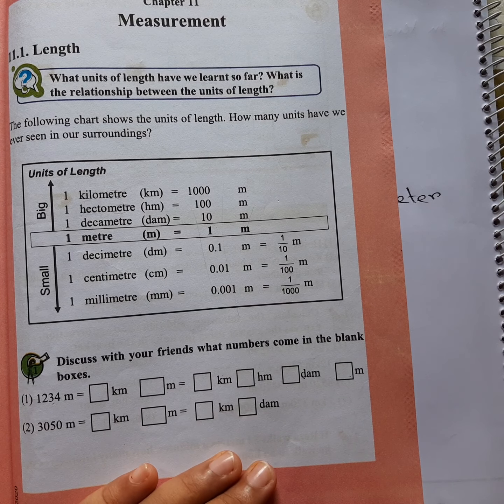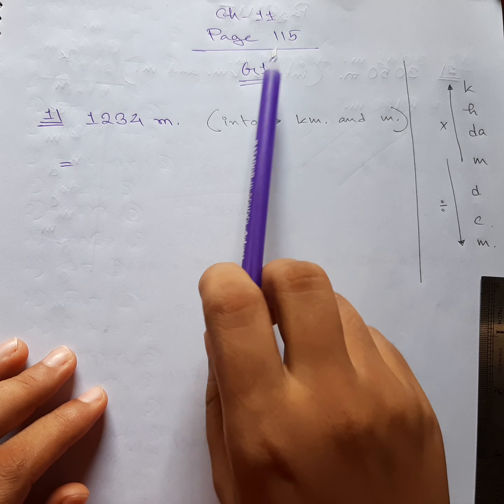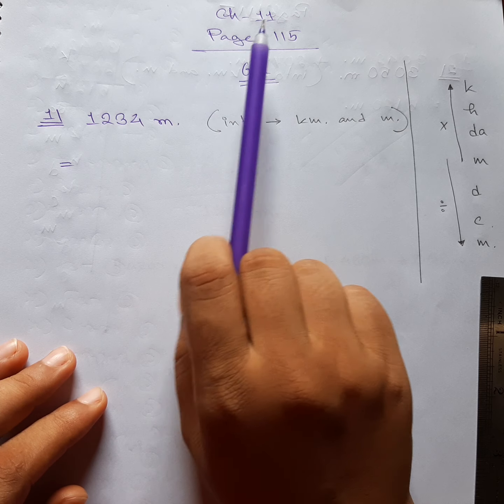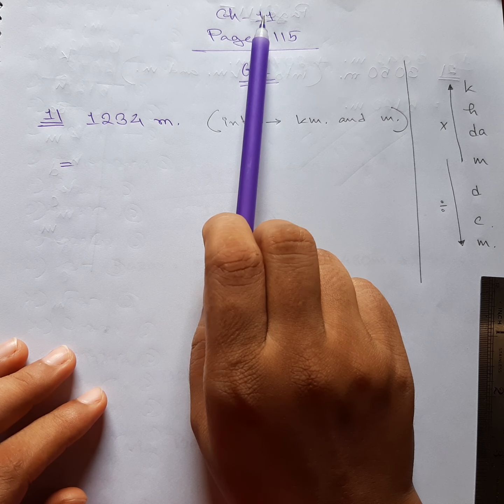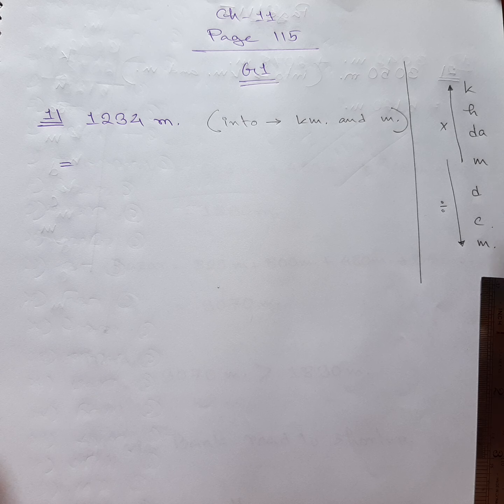So let's get started. As you can see, I am doing the green number one math from page 115 of chapter 11. You have to remember this serial, the first letters of the prefixes, to keep it in your mind.